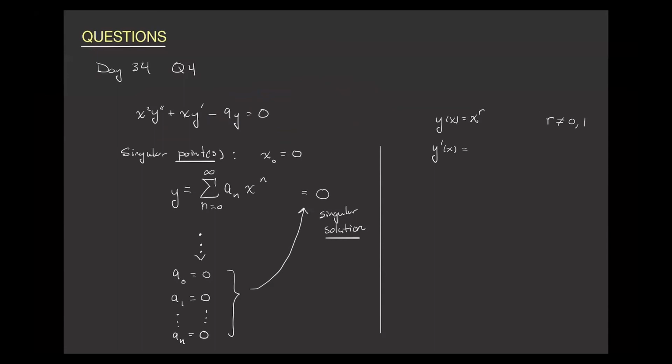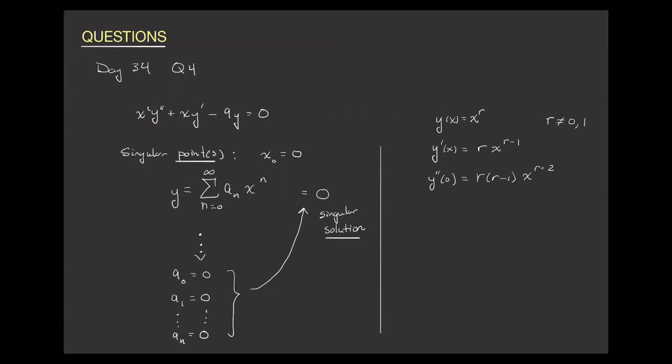In any other case, if we take y prime, we're going to get r times x to the r minus 1. And then if we take y double prime, what we get is y double prime is r times r minus 1, x to the r minus 2.